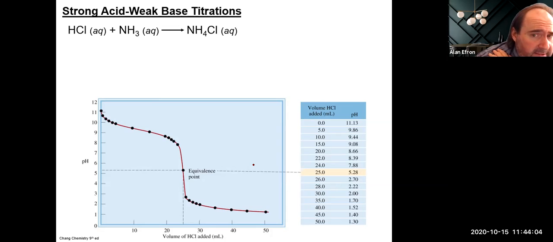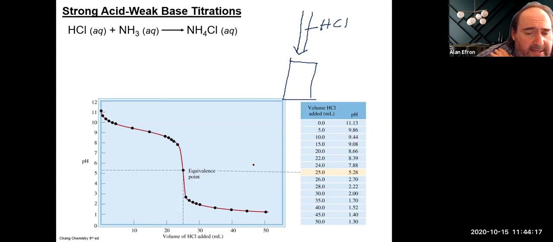So in this particular setup, up in the burette is actually the acid. So we have the hydrochloric acid up on top. On the bottom, we are adding it to our weak base, which in this example is NH3, which is a weak base.